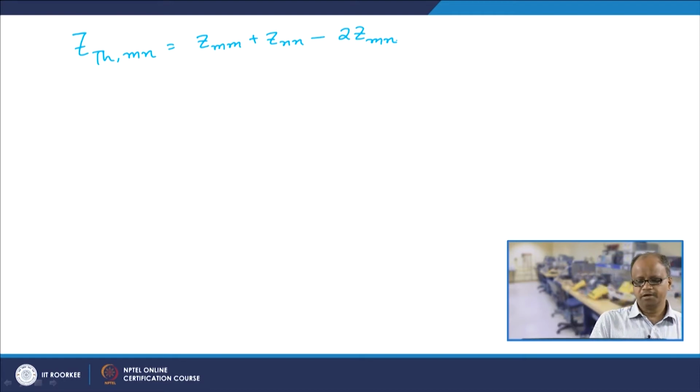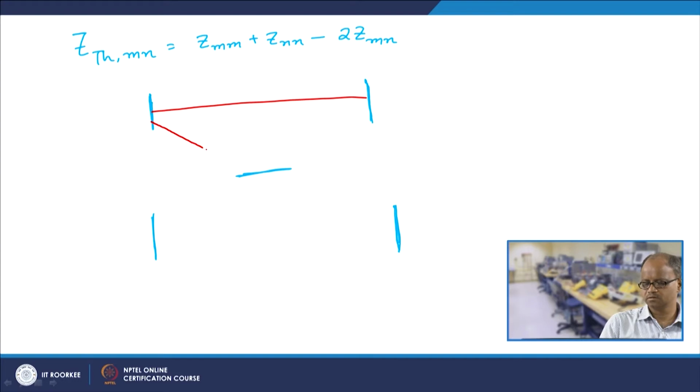Now, let us consider a power grid, any power grid. So, these blue lines are all buses, and these red lines are all lines.